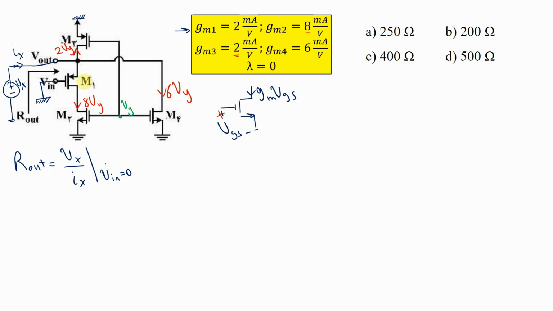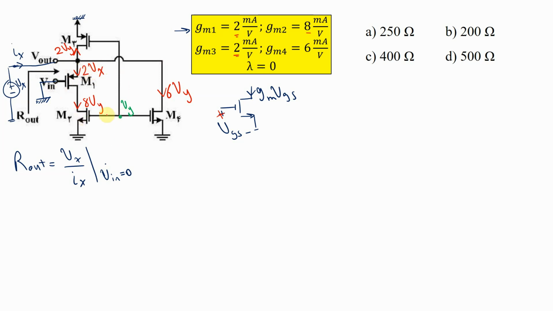And how about M1? M1, again this is PMOS, but not important. The gate is grounded. So how about the source? Source is connected to Vx. So because the source is connected to Vx, the plus sign of VGS is at the source. So the direction of the current for M1 is going to be from source to the drain, not in reverse. So for M1, gm1, which is 2, times the source-gate voltage, which is Vx, because the gate is grounded, so Vx minus 0 is Vx.